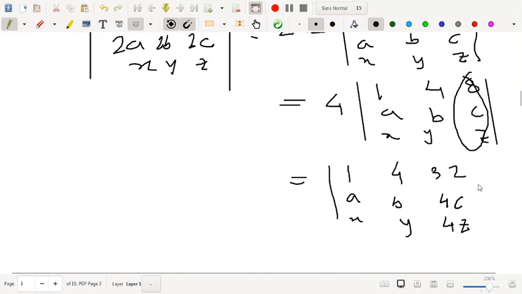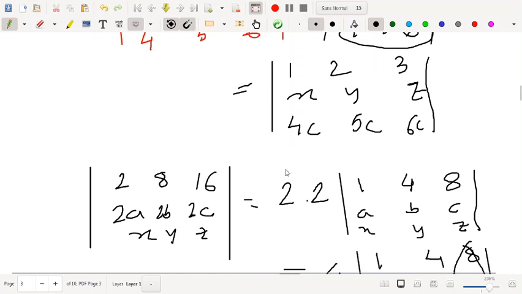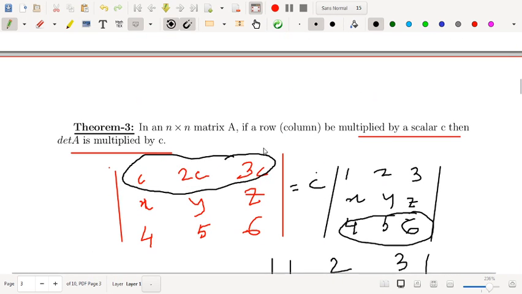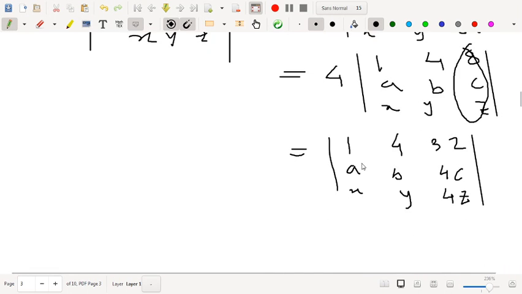Am I clear? So this is how beautifully you can apply the properties. That depends on your knowledge, and that will be in your hand actually. You can do a lot of things.